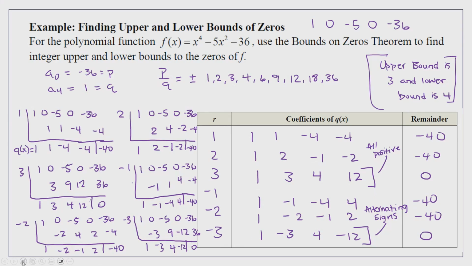Oh, where did I get the 4 from? There we go. So any real zero of f is going to be between negative 3 and 3. I have to correct that.